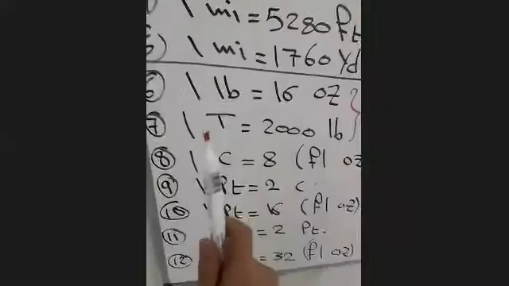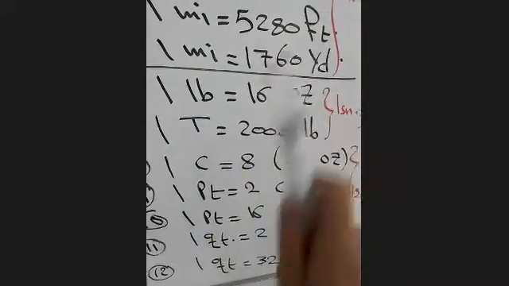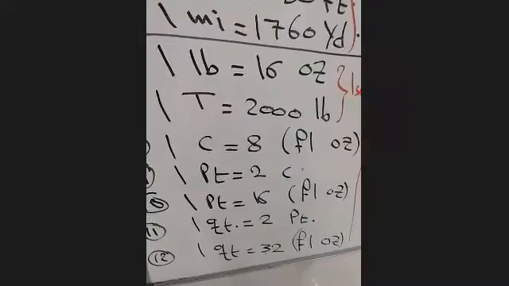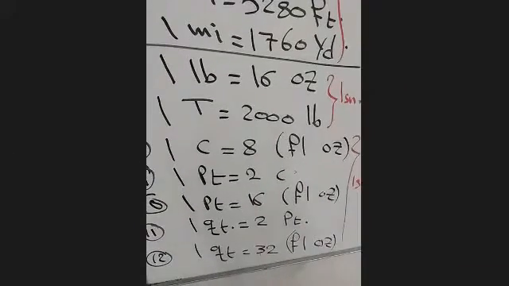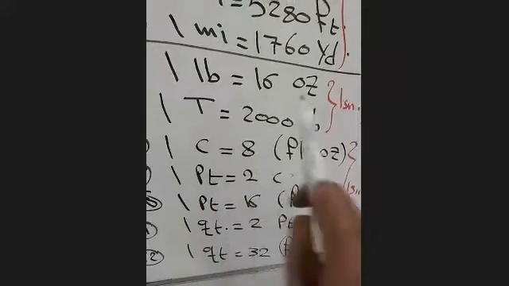Here, you need to turn first from ton to pounds, then from pounds to ounce, right? How do we turn from ton to pounds?